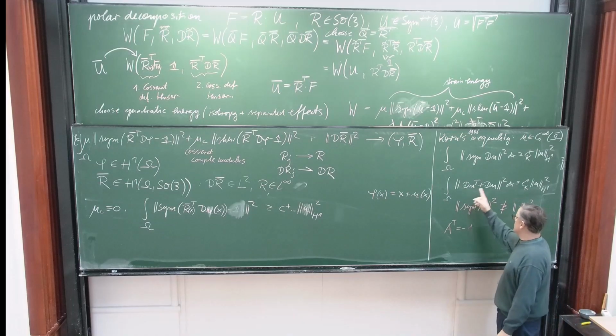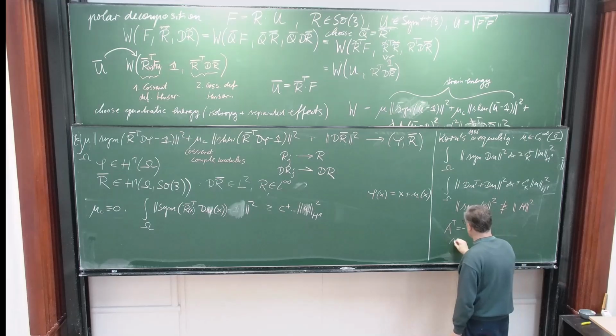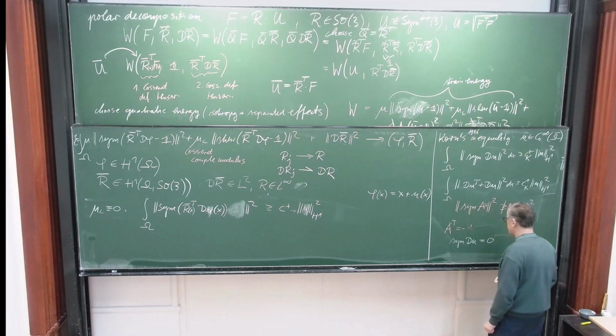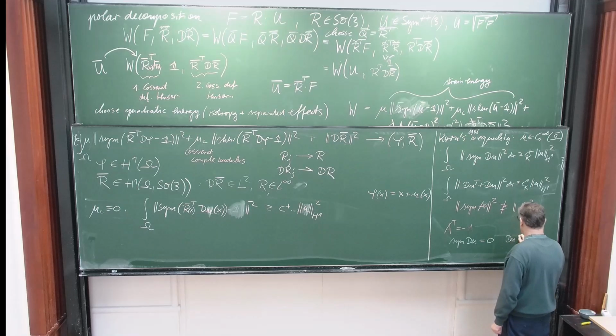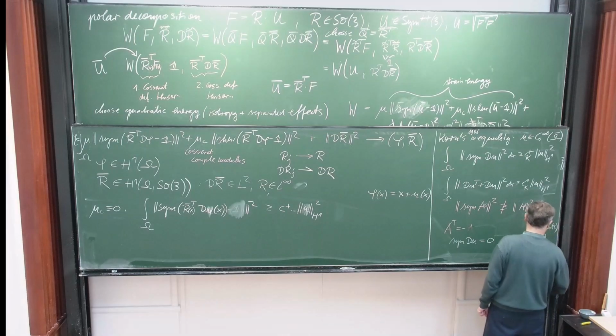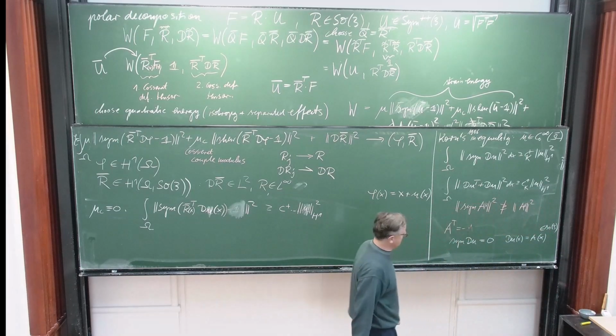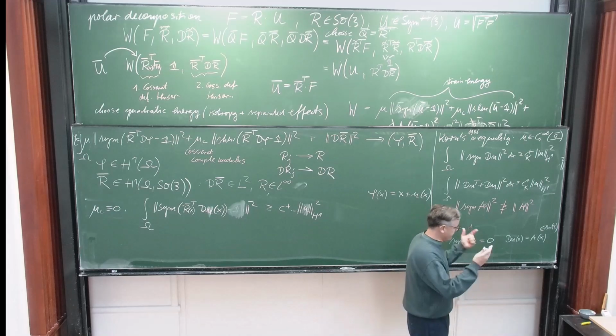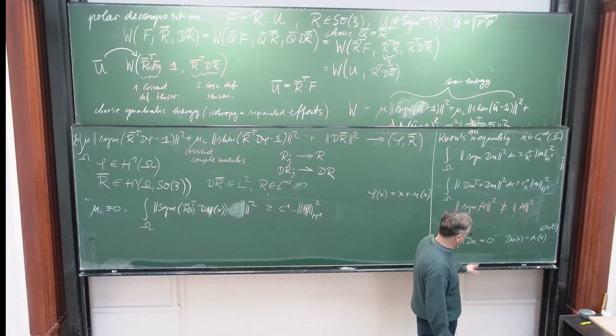So we should check what the symmetric part of du equals 0 means: that du is locally a skew-symmetric matrix in SO3. Small so3 are the skew-symmetric matrices. This is a most simple differential inclusion.